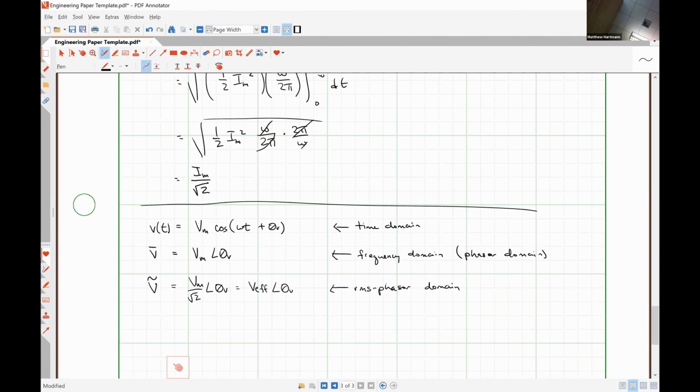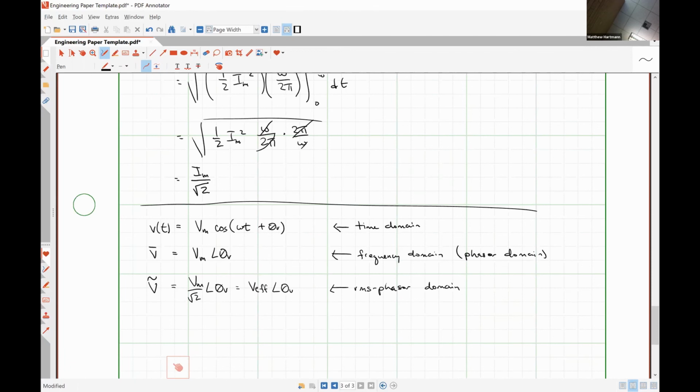This is the nomenclature that we're going to use, or the domain that we are going to be in when we handle all of our complex power relationships, and from then on also when we're doing three-phase power and things like that. So I want to be very, very clear here that if I give you a phasor and it has units of volts or amps, it is a frequency domain phasor.